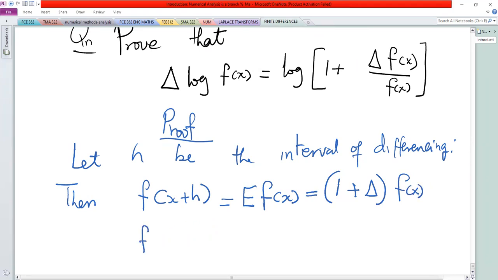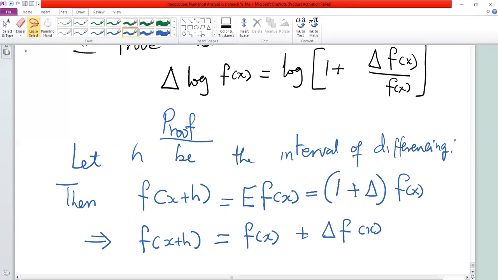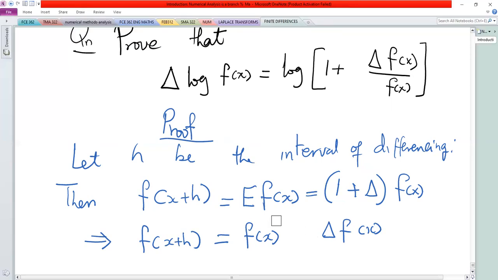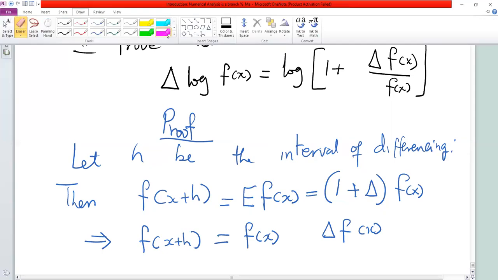So which means that f of x plus h is the same thing as f of x, I just open these brackets, plus forward of f of x. So that's just by definition.